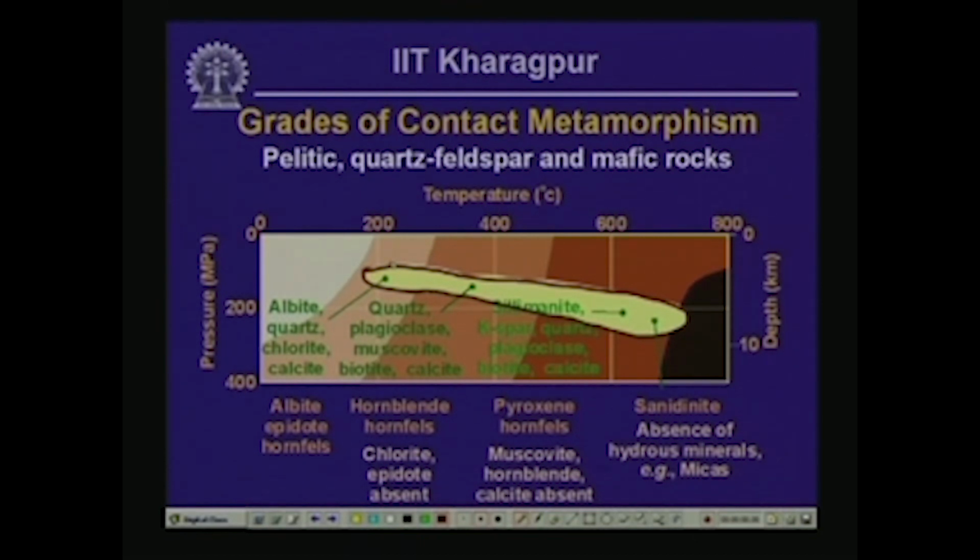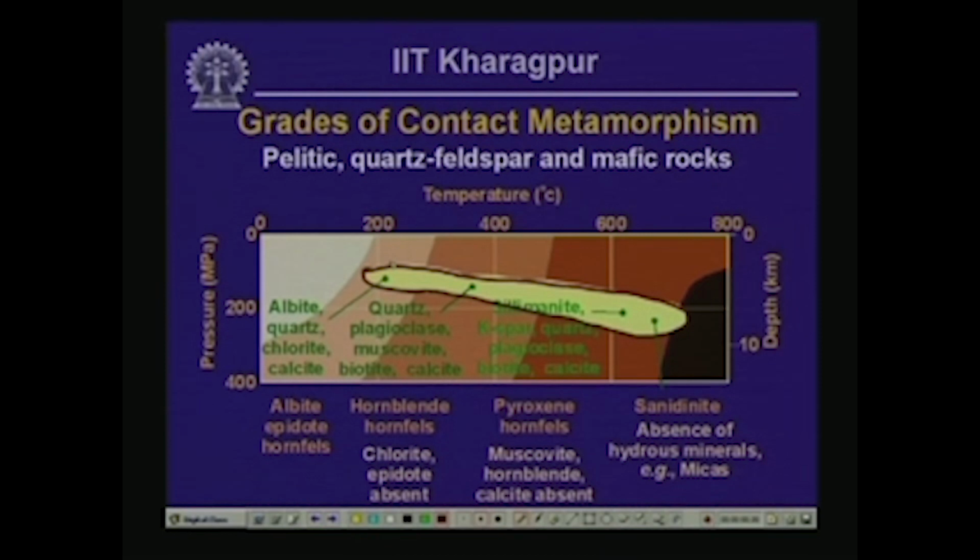of clay minerals. Then we move on to a particular class of rock which is known as the albite epidote hornfels facies, which is near the left end of the range of pressure and temperature that we are considering here, that contains predominantly albite mineral, quartz, chlorite and calcite.